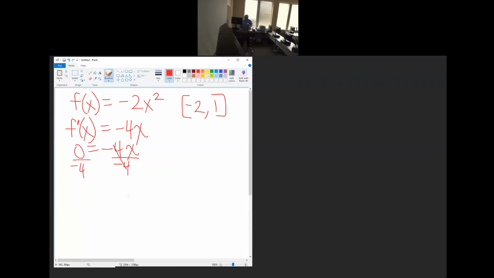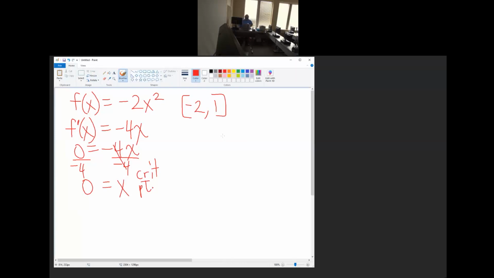So when we solve for x, our only critical point is x equal to 0. Now we're ready to plug in not only our critical point, but our endpoints in our interval to determine where any extrema exist.